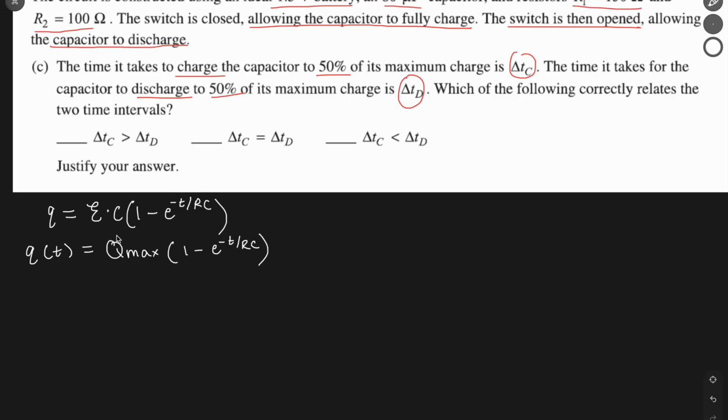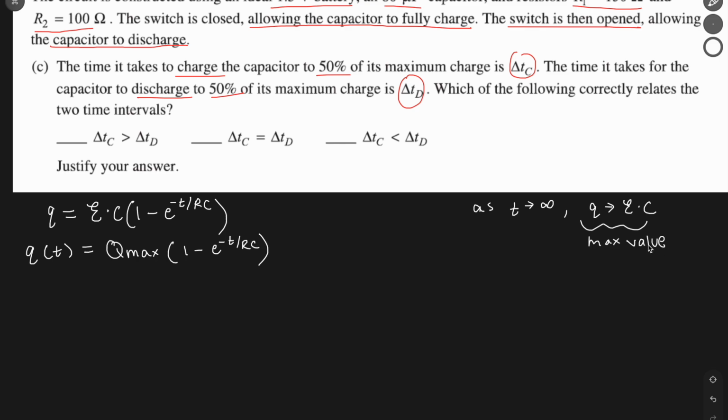And Q max is the maximum charge that our capacitor can have. And the reason we were able to do this is that, as we know, as time approaches infinity, Q is going to approach E times C. So this is actually our max value.